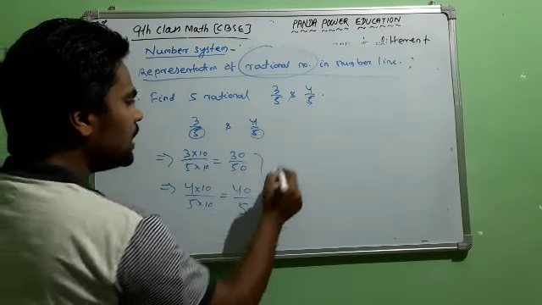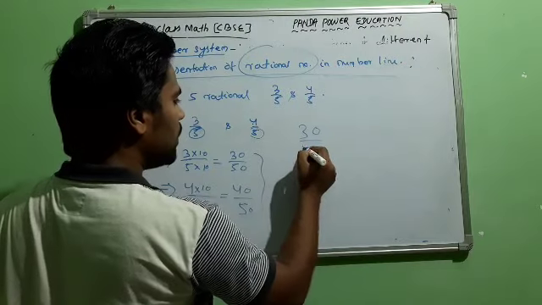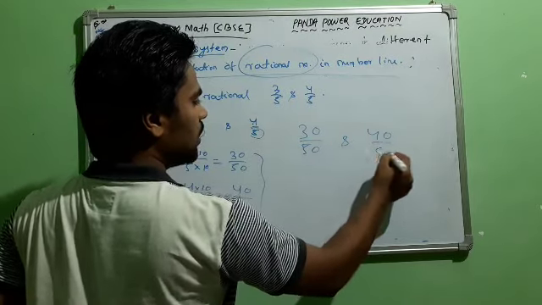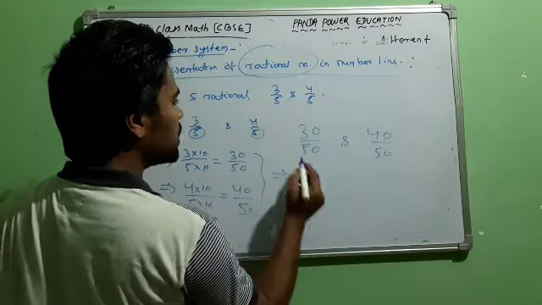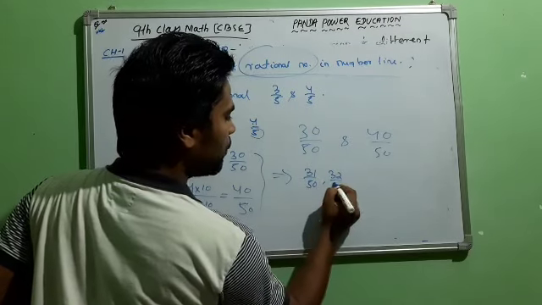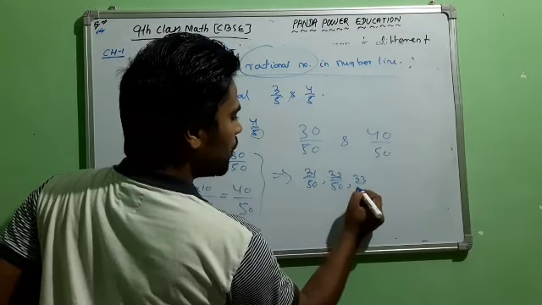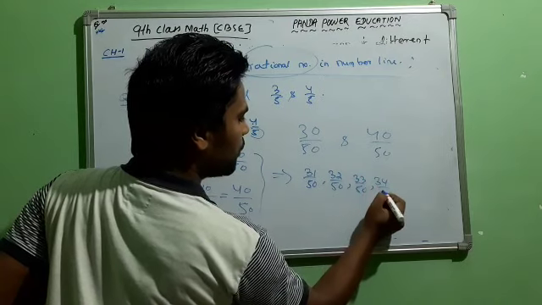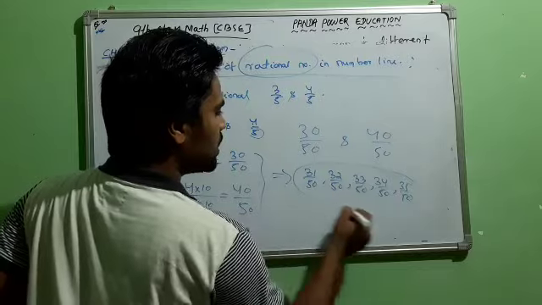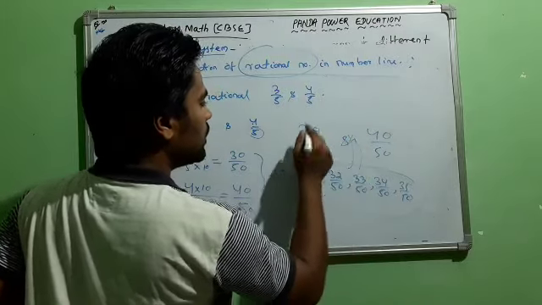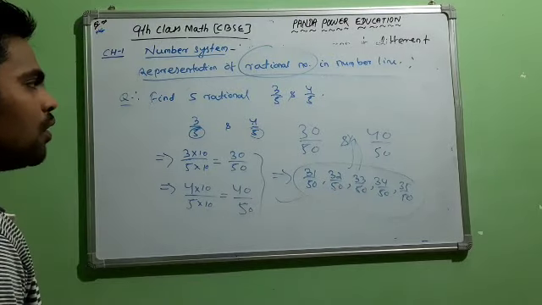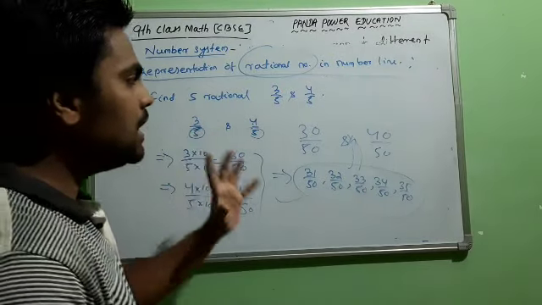Now we can easily write between 30 by 50 and 40 by 50 five rational numbers: 31 by 50, 32 by 50, 33 by 50, 34 by 50 and 35 by 50. Got it? Those 5 rational numbers lie between 3 by 5 and 4 by 5. Yes or no?